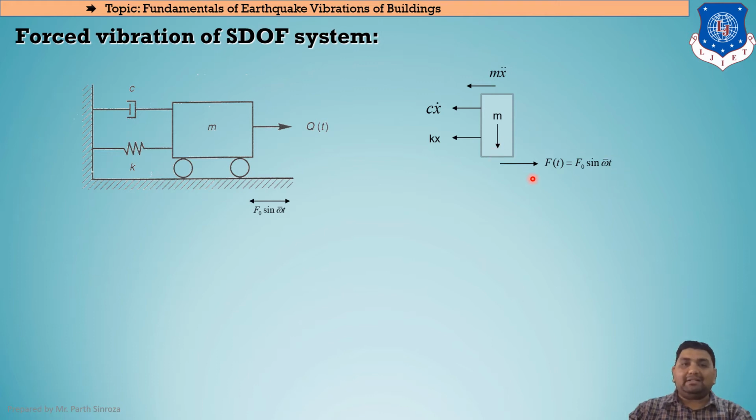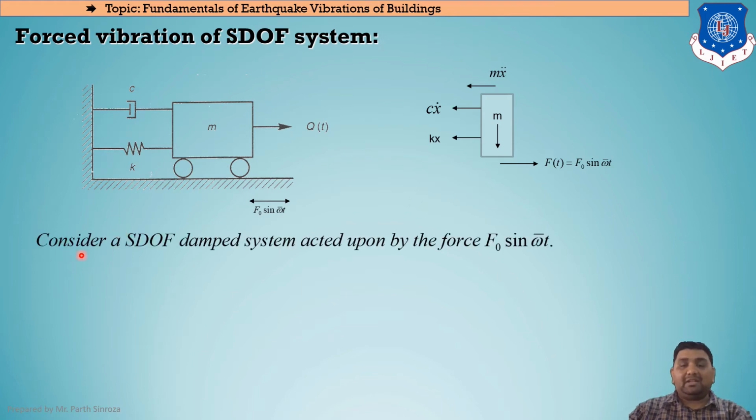As it is in the right hand direction, all three remaining forces, according to D'Alembert's principle, that is the inertia force, the damping force, and the stiffness force, will act in the opposite direction in the form of m x double dot plus c x dot plus k x. x is our displacement. The first derivative of displacement gives us x dot, the velocity, and the second derivative gives us x double dot, the acceleration. So this is the free body diagram.